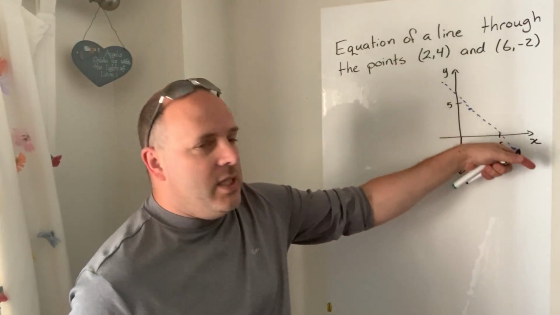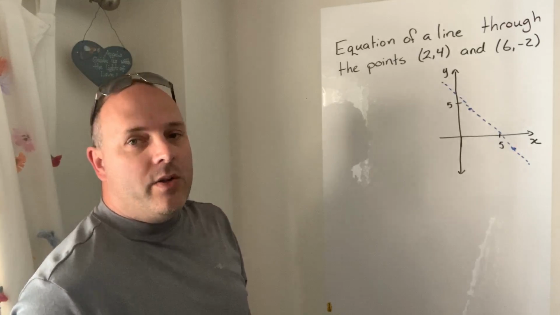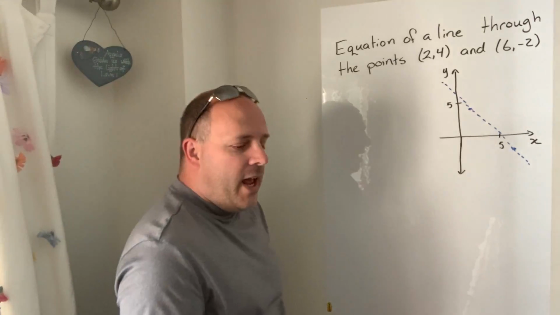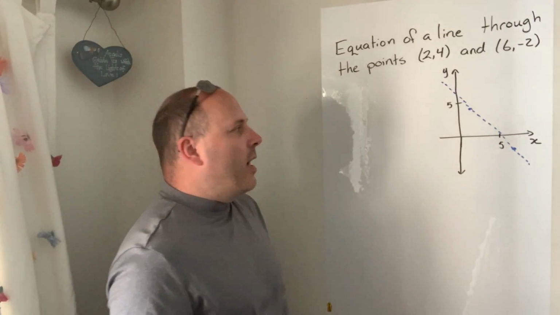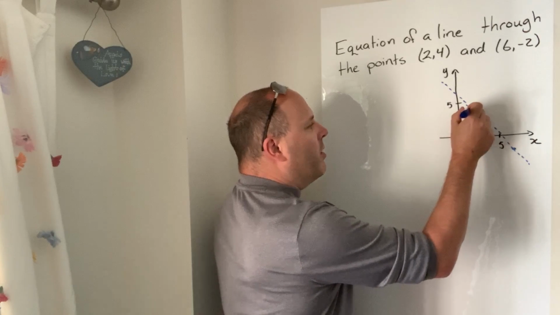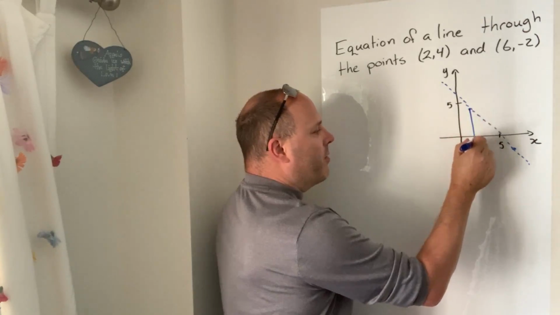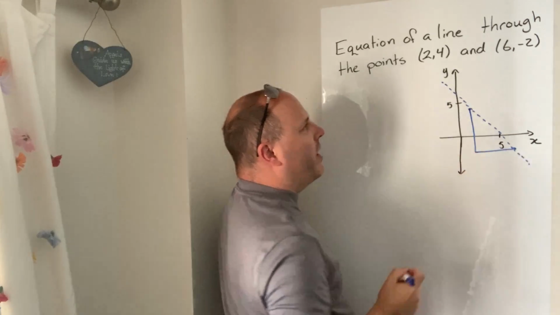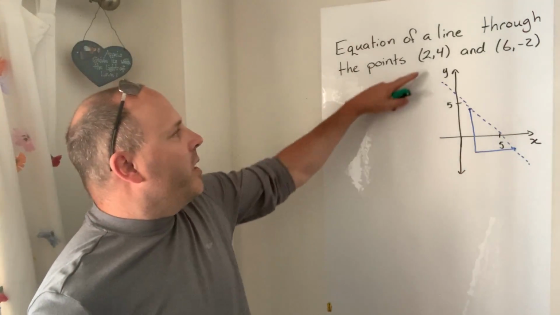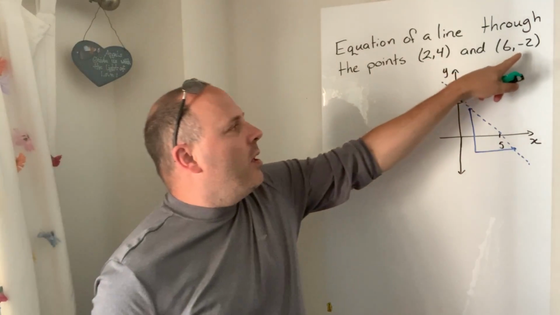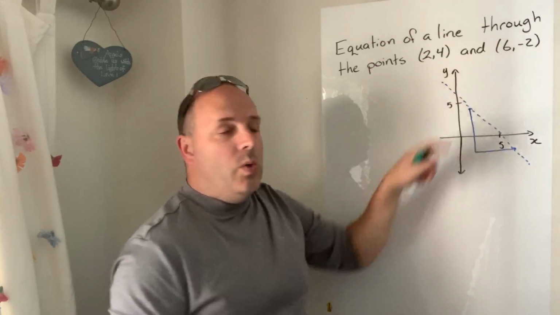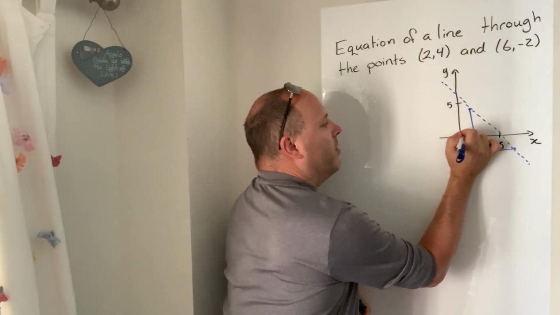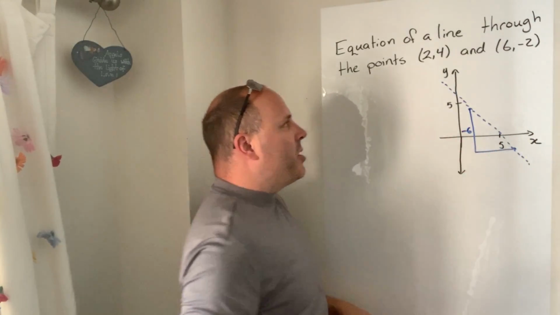Since it is decreasing, I know that the slope is negative, and I could work out the slope from the diagram or from a formula. On the diagram, I'm going down from that point over to that point. How much am I going down? Well, I'm going from 4 down to negative 2. That's a drop of minus 6.